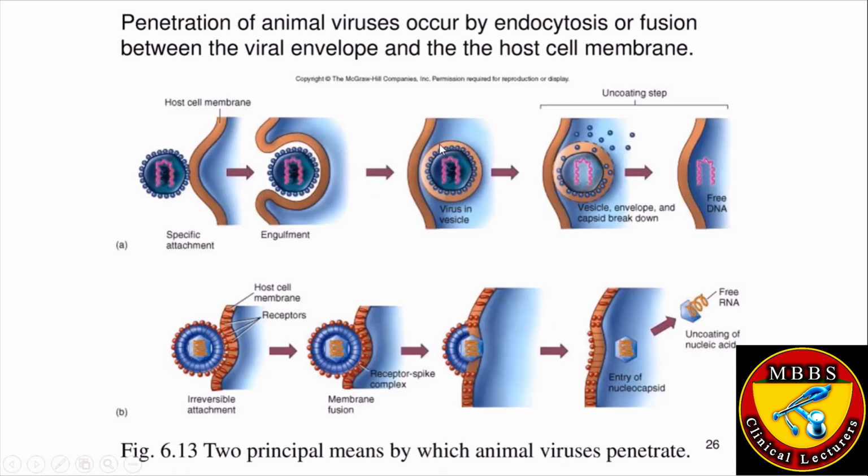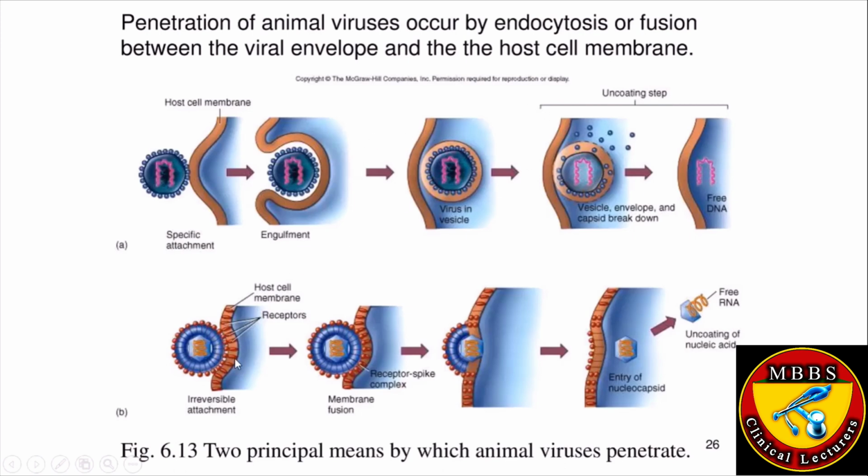See, this is a vesicle or endosome within which the virus is present. With time, this endosome ruptures, and with the rupture of the vesicle, the envelope and the capsid break down, and then the genome becomes free. So this is the process by endocytosis.